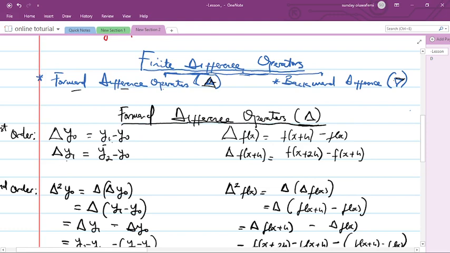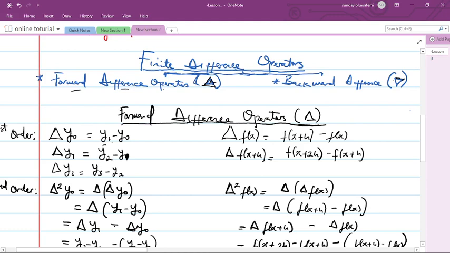If you want to find the forward difference of y1, that will be y2 minus y1. Then the forward difference of y2 also will be a step forward, minus y2.